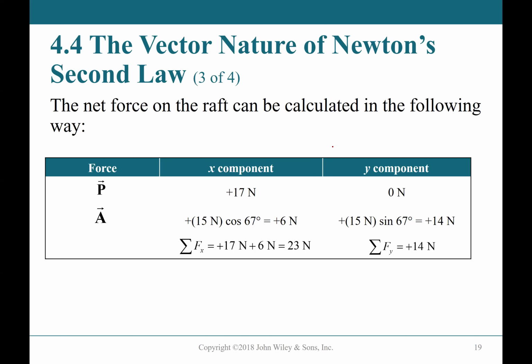In the traditional method, we've done this many times, we take the cosine of the angle times the hypotenuse, that gives us the X. The sine of the angle times the hypotenuse gives us the Y. This is what we have firmly learned. So now I know the X component of the force, and I know the Y component of the force.